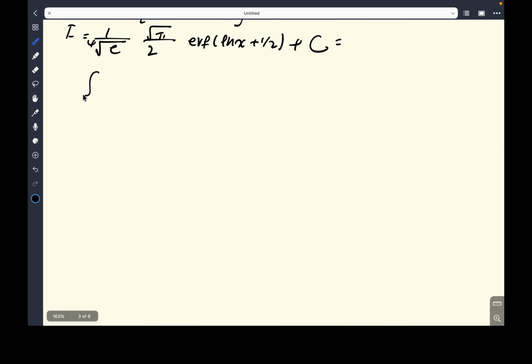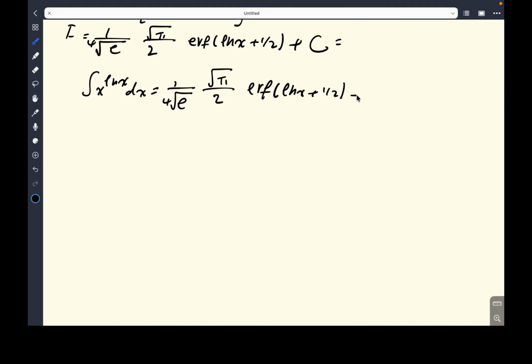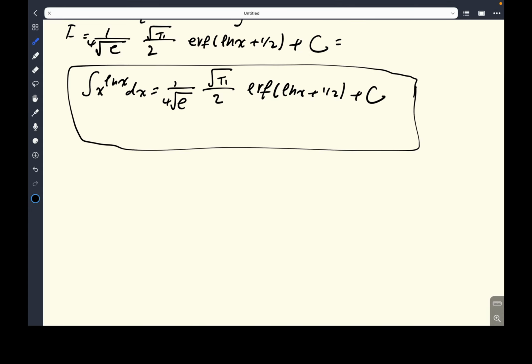Thus, the integral of x to the ln x dx is 1 over the 4th root of e, Euler's number, times root pi over 2 erf of ln x plus half plus c, some constant of integration. Thus, this is the form of our indefinite integral if you want to integrate this function with respect to x.